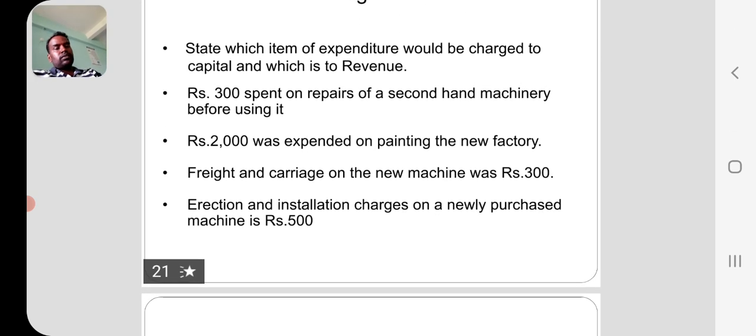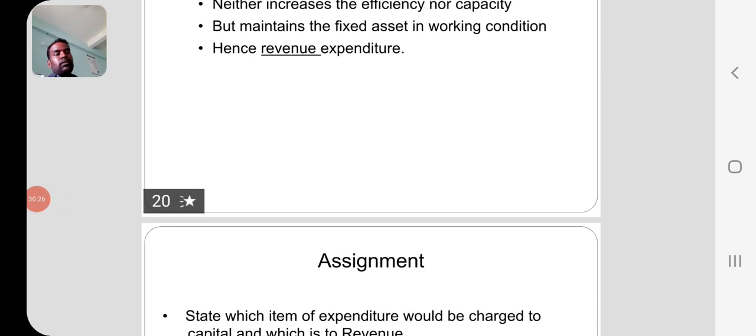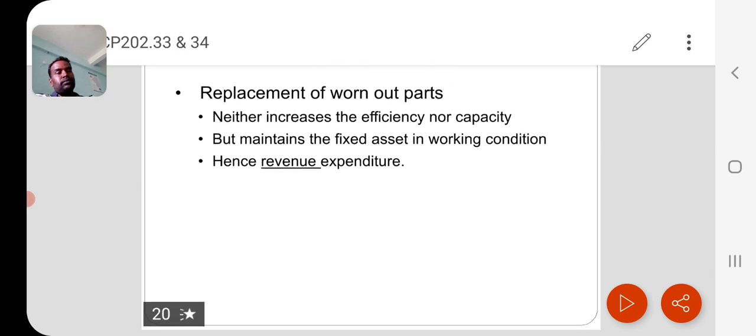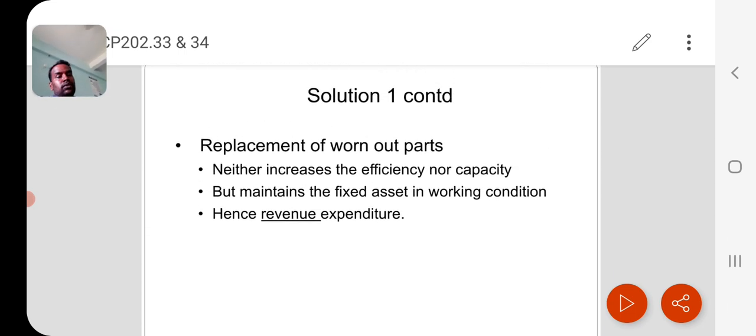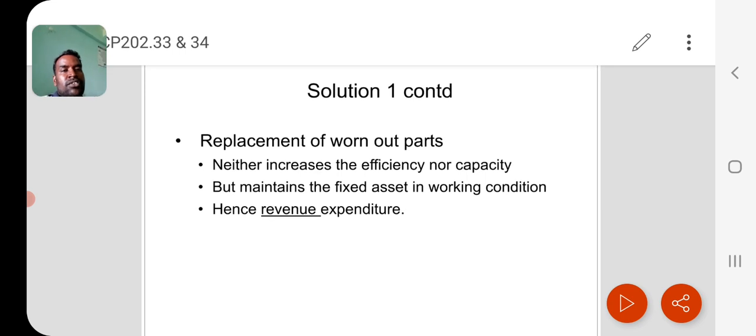Okay, like that. So from today's class we understood what is meant by non-trading organization, what is meant by trading organization, what accounts are prepared in both trading and non-trading organizations, and terms used in non-trading organizations.